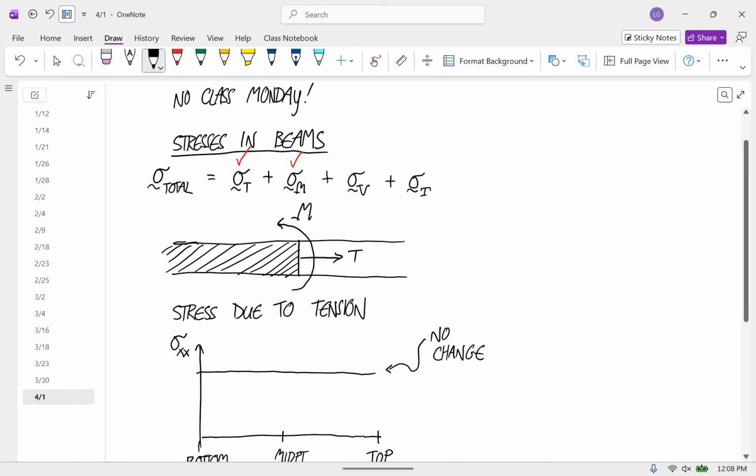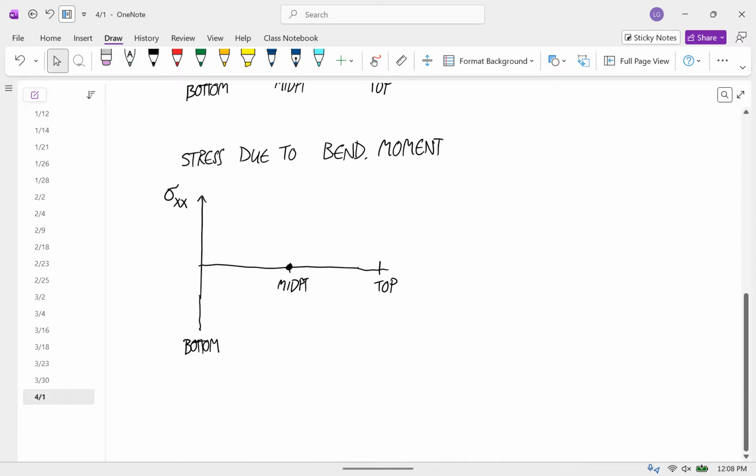The way that I've drawn this bending moment, you can see it's flexing up like a smile, so the top is going to be in compression and the bottom is going to be in tension. So it's going to be in compression here, and then that line is going to continue like this, and it's going to be in tension here.